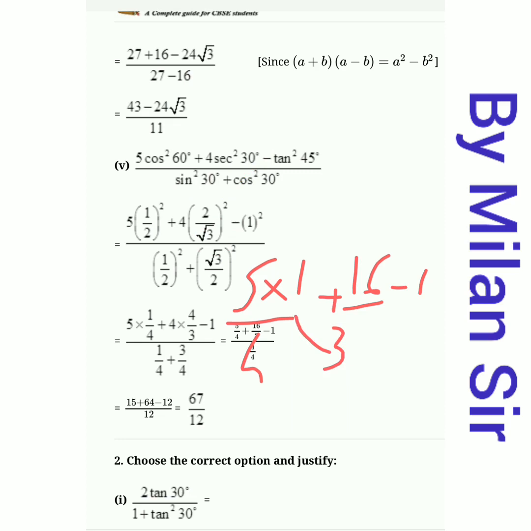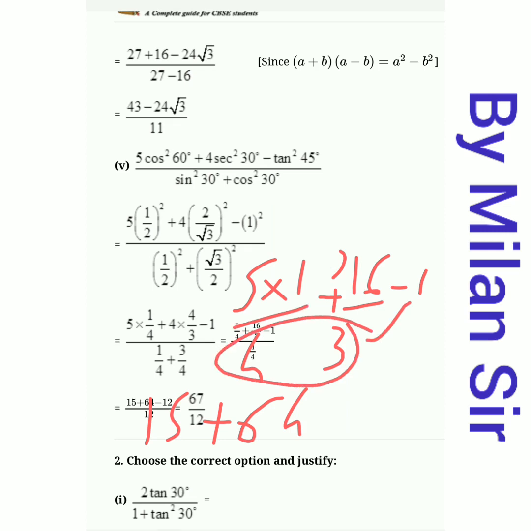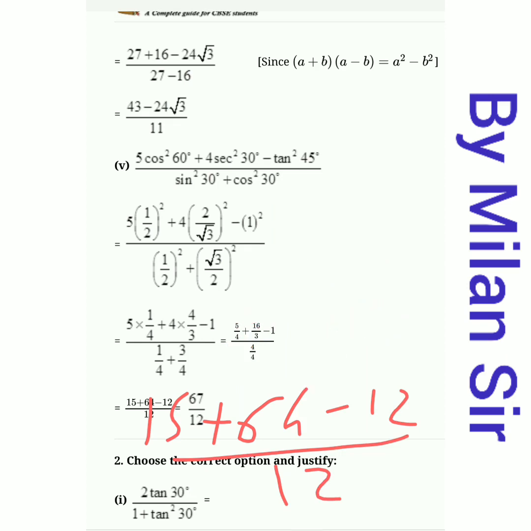So 3 is multiplied with this term, 5 3s are 15, plus 4 is multiplied with 16, 16 4s are 64. And the third term has nothing in the denominator, so we need to multiply both of these terms with minus 1. So plus minus minus, and 4 3s are 12, and our LCM is also 12. So 15 plus 64 is 79, minus 12 is 67. So our final answer is 67 by 12.